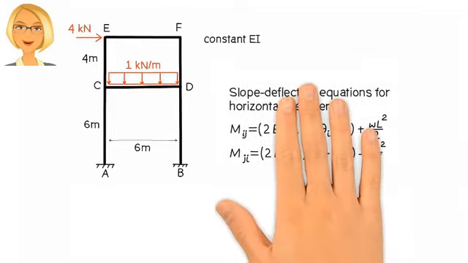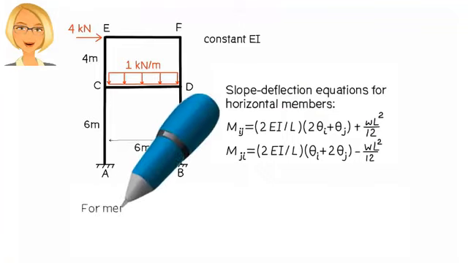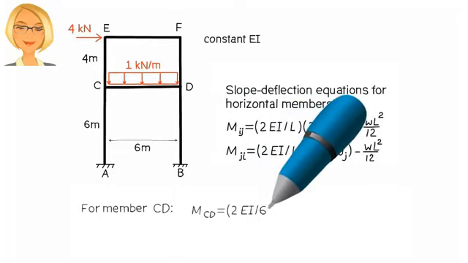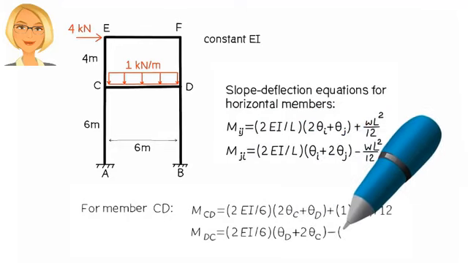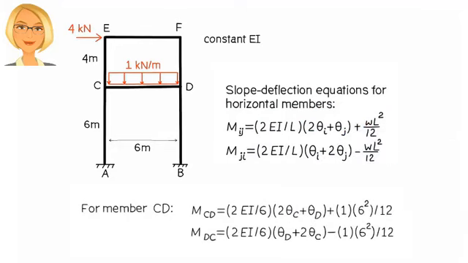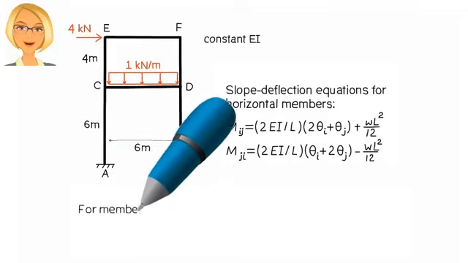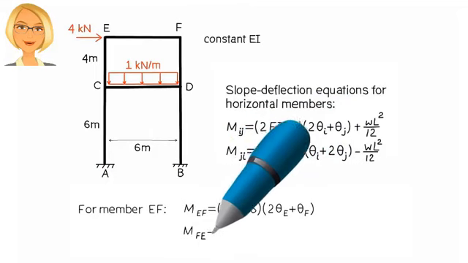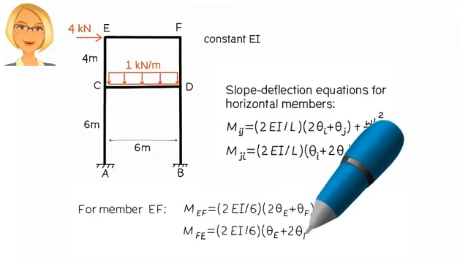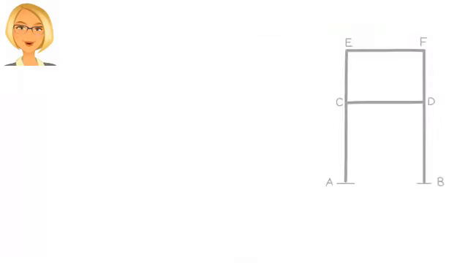The deflection term, however, is 0 in the slope deflection equations associated with the horizontal members. So for CD, we can write and for EF, we get Here are our 6 joint equilibrium equations in the expanded form.